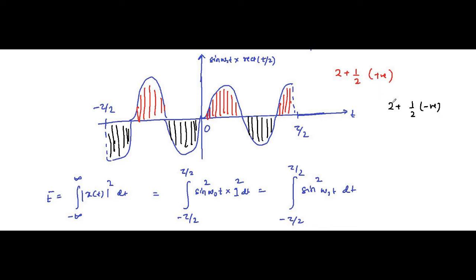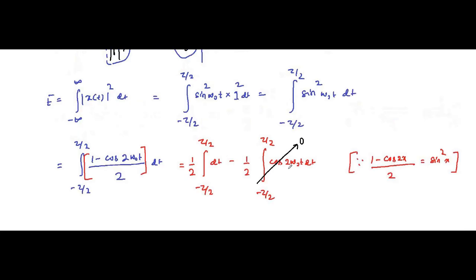When we add them together, they cancel each other out and the net result is 0. So when we integrate a sine or cosine function over one complete cycle, the result will be 0. I have explained it in the first question related to energy and power signals, you can check it out there. So this will be 0.